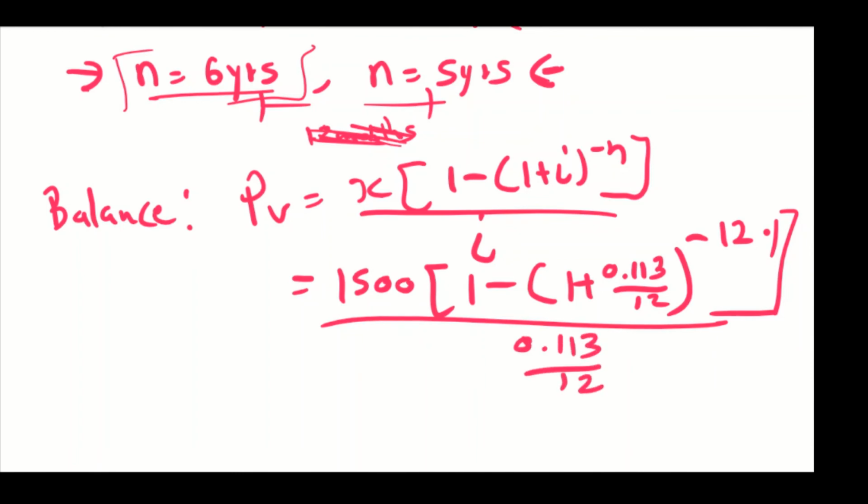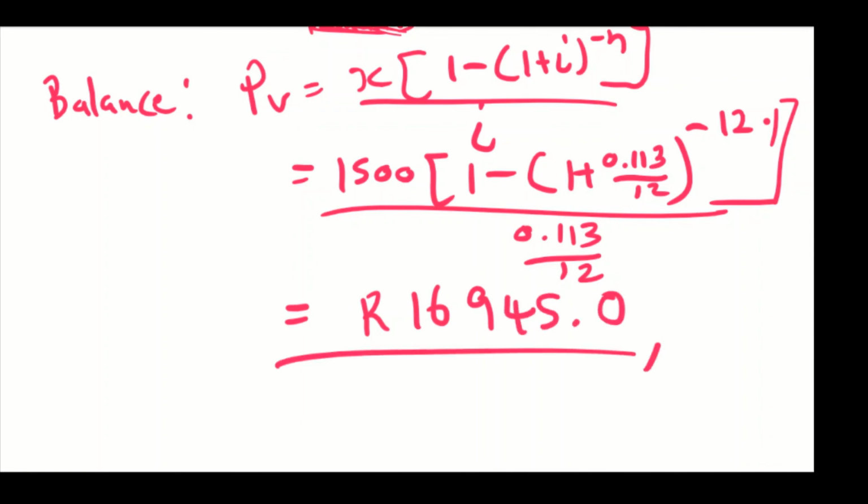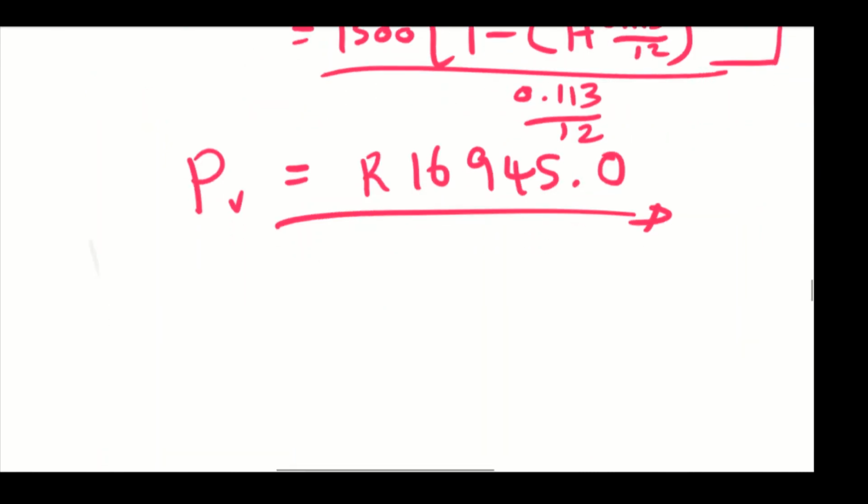So why am I doing this? We want to identify the balance for this extra 1 year, right? Because we are mostly interested in only 5 years and not 6 years. If it was 6 years, we'd write the proper number there, or proper period. So what you are going to get here is 16,945.0. So this is going to be the balance.